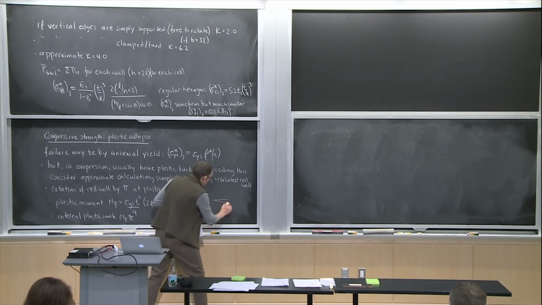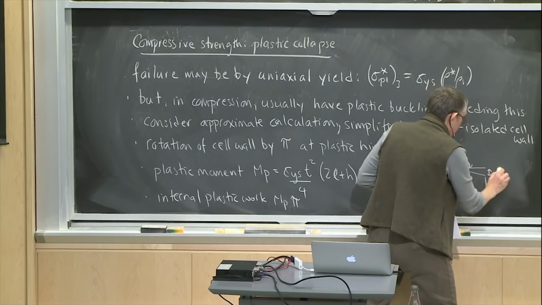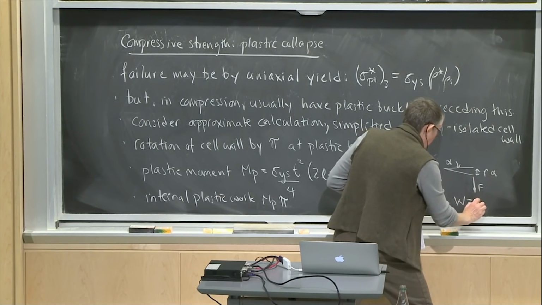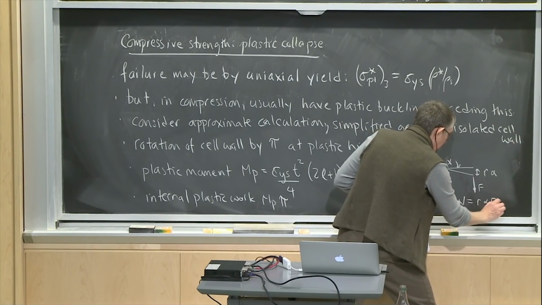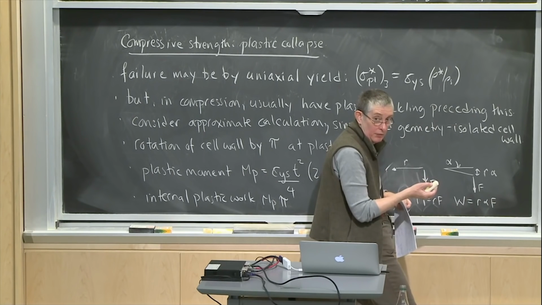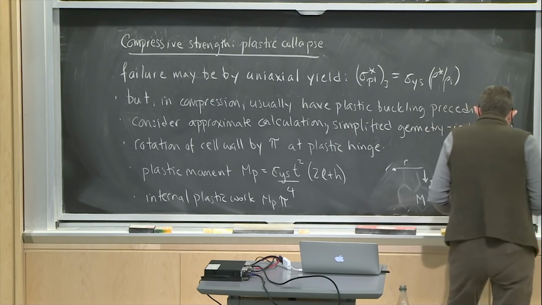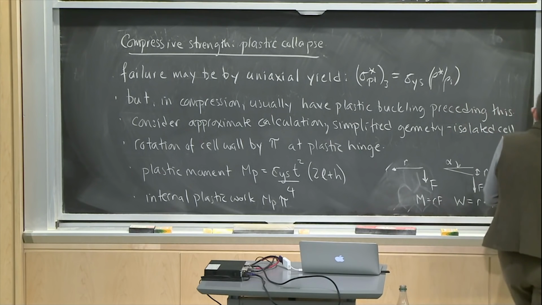And if that rotates through some angle, let's call it alpha, then this distance that the force moves through is just r times alpha. So the work done is going to be r times alpha times F, or just the moment times alpha. Okay? So that's kind of all we're doing. So that's the internal plastic work.